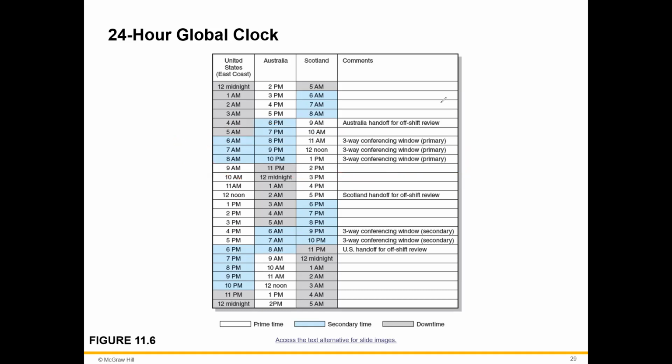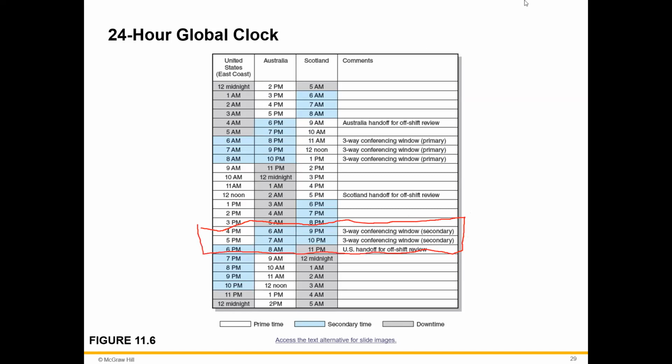Then we have the other way, where we go into work at 9 o'clock, and maybe we have a meeting at 4 o'clock our time, which is 6 in the morning in Australia and 9 o'clock in Scotland, in Europe. And then we can work it all together.